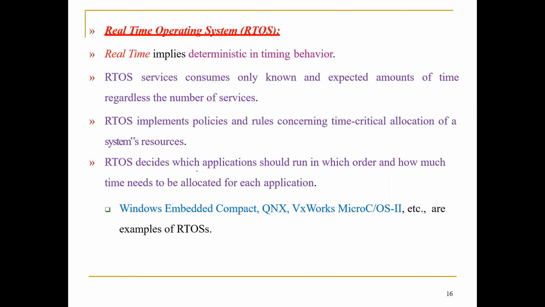RTOS decides which applications should run in which order and how much time needs to be allocated for each application. Very accurate. When you are very sure when the output has to come, or at what time the output has to be generated, your RTOS should decide when the system has to be allocated and when the system has to give you the output.